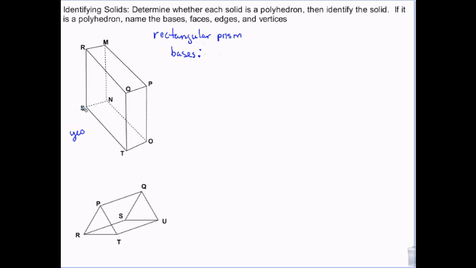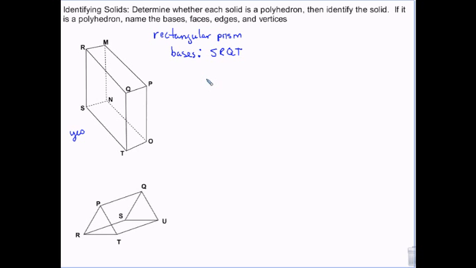So our bases will be, now here's what you do. If I start here, I can either go SRQT or STQR. What I don't do is go SQR; we go around the outside. So I can say SRQT. So you just go around the outside when you're naming the polyhedron. You don't just randomly go wherever.